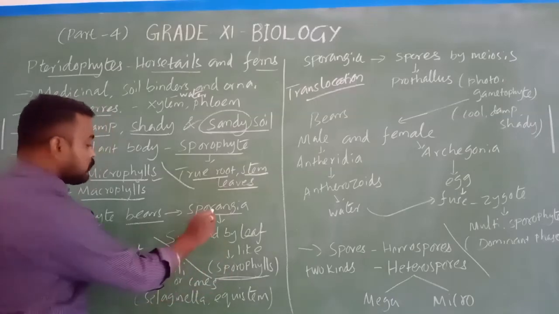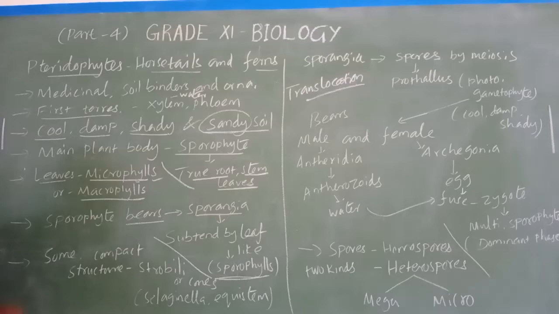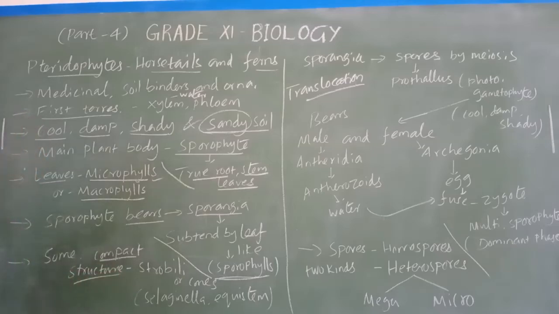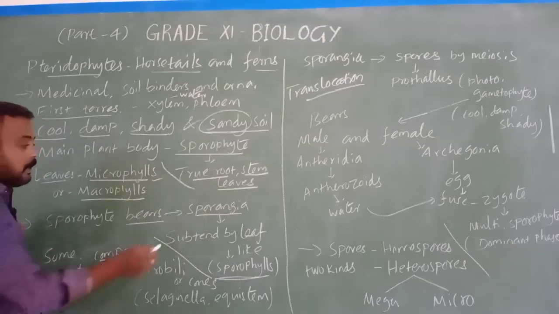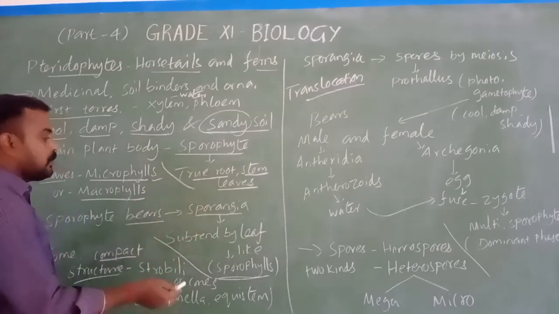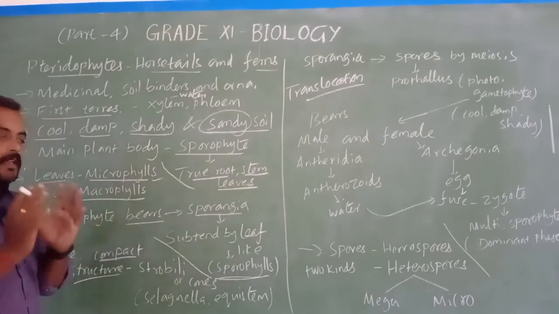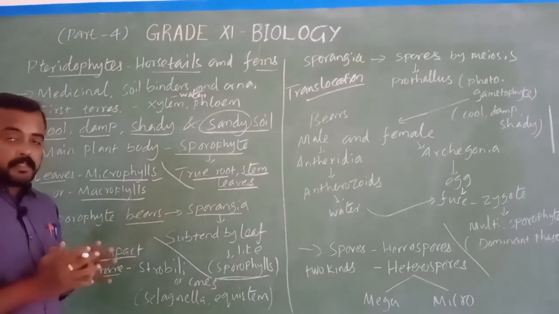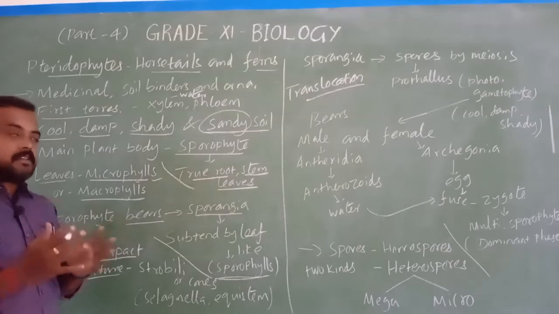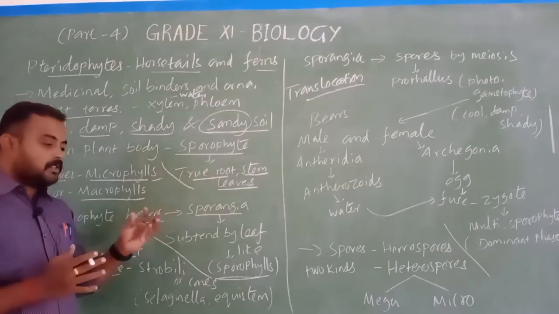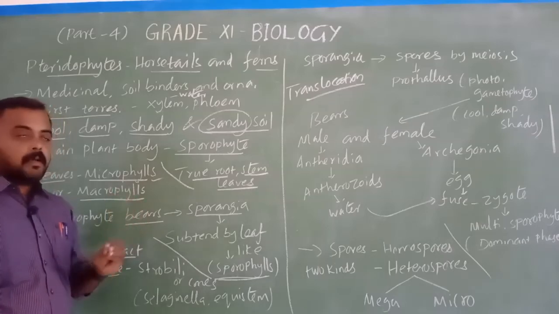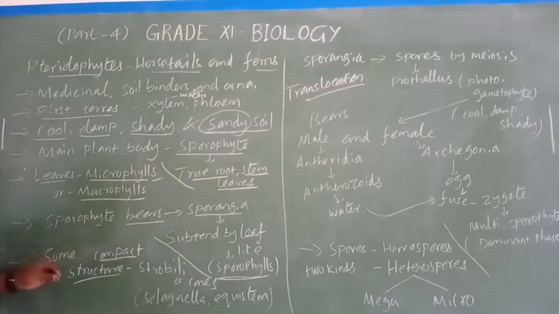So those sporangia sometimes produce a compact structure. Actually, sporangia produce spores, which are small in size, but sometimes they produce one compact structure.